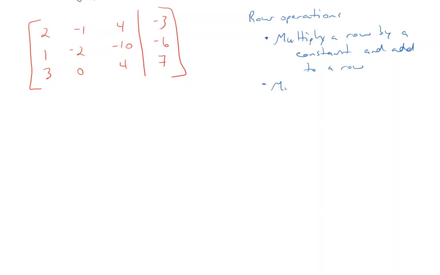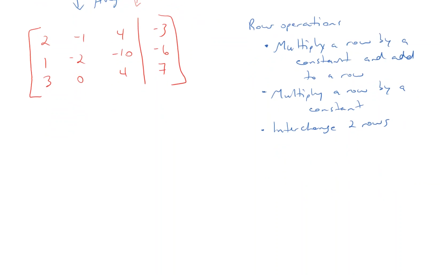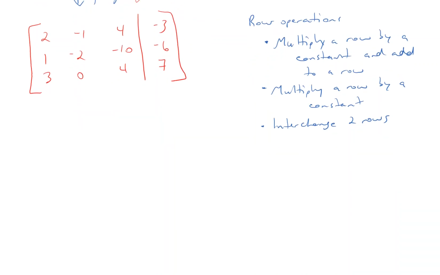You can simply multiply a row by a constant, and you can even interchange two rows, put them in a different order, because it's still the same system. If the equations are written in a different order, it's still the same system, so you can do that.